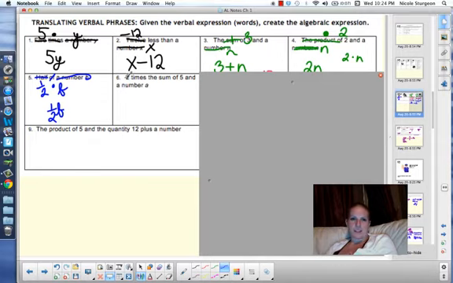How about number 6? 2 times, we'll use the number 2 and a multiplication symbol. The sum, well, that's definitely an addition and most likely needs parentheses. Look, don't even have to translate 5, you can just put it in there.